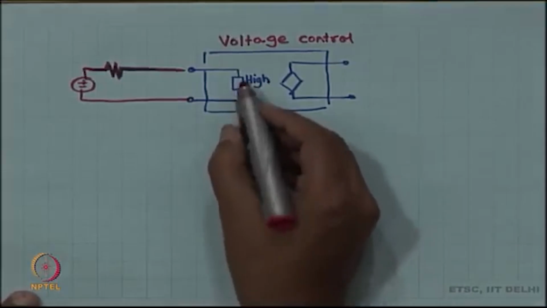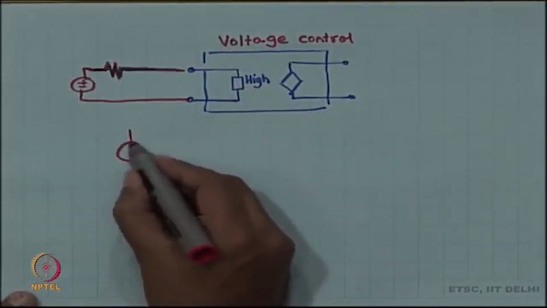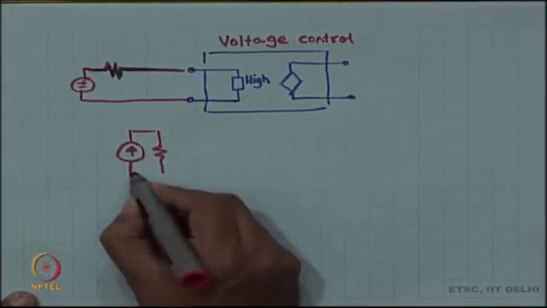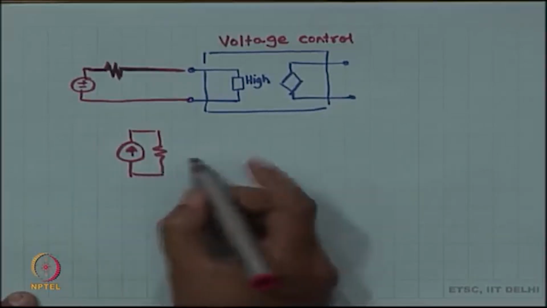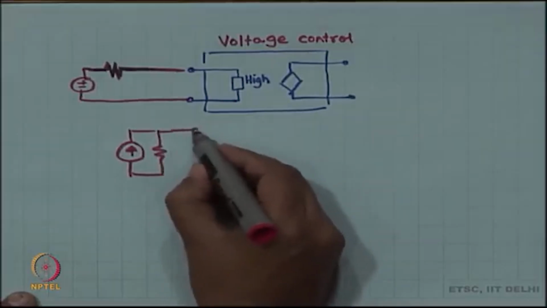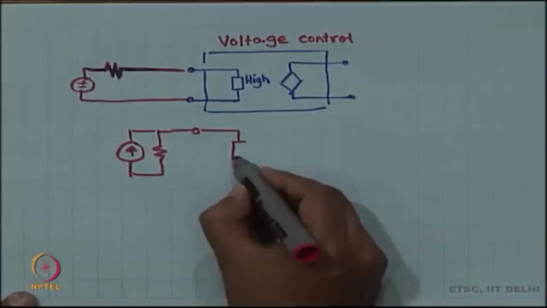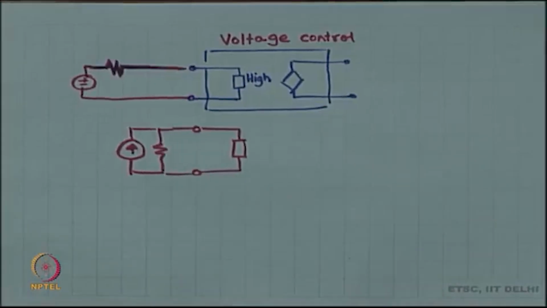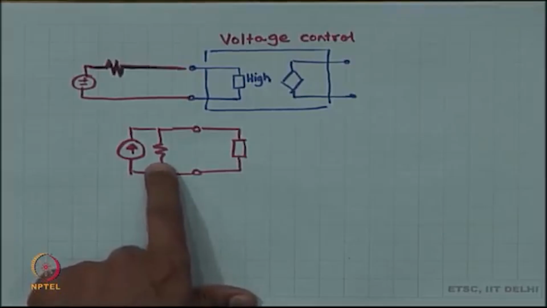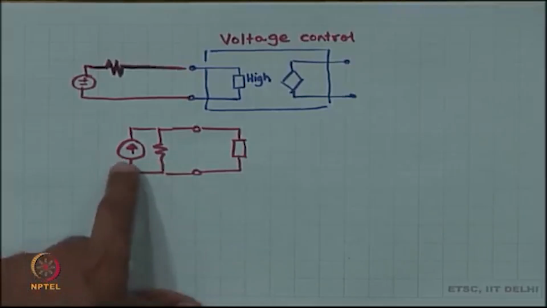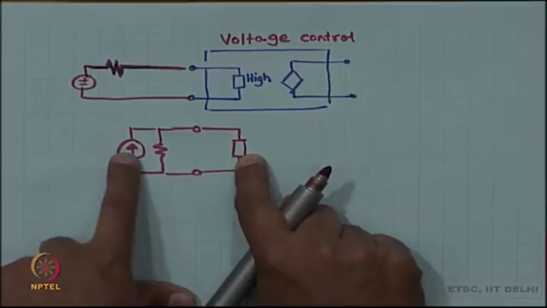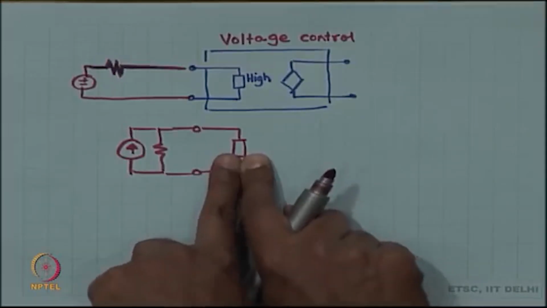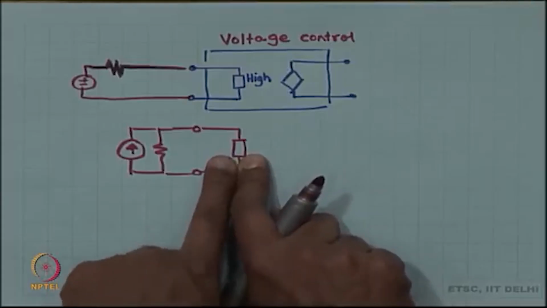So, a voltage controlled source will have a high input impedance. Likewise, if there were a current source over here and you wanted current control, then that current source would have some shunt resistance, and this is the input of your box. Now, if you want the current over here to be equal to the current source value, then this impedance should be high or low?